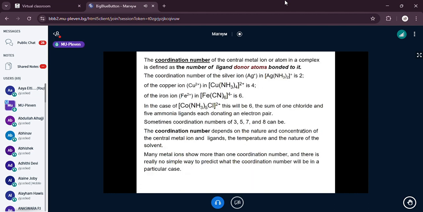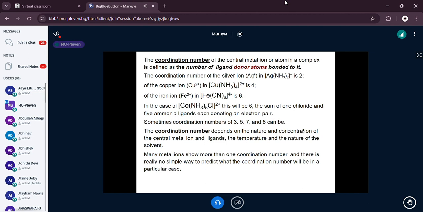Another term, the coordination number of the central metal species. Usually, the coordination number is equal to the number of donor atoms of ligands bonded to the central metal ion.